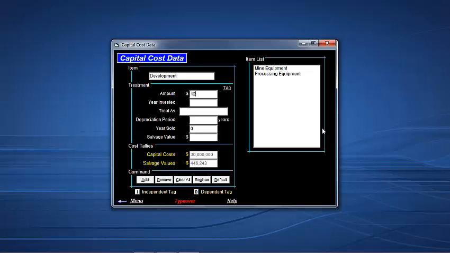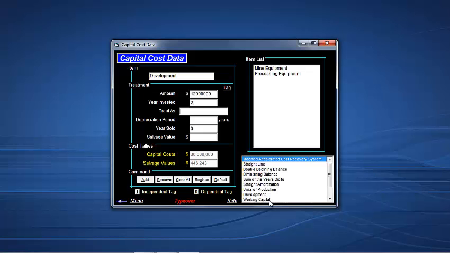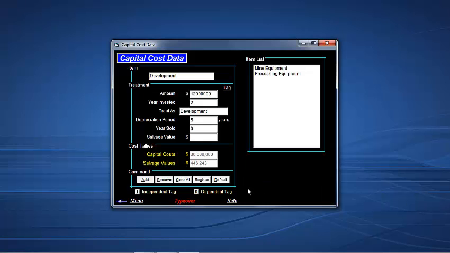We'll add some development costs in year 2. Development is treated in the U.S. tax codes with 70% expensed and then 30% amortized over the next 60 months.